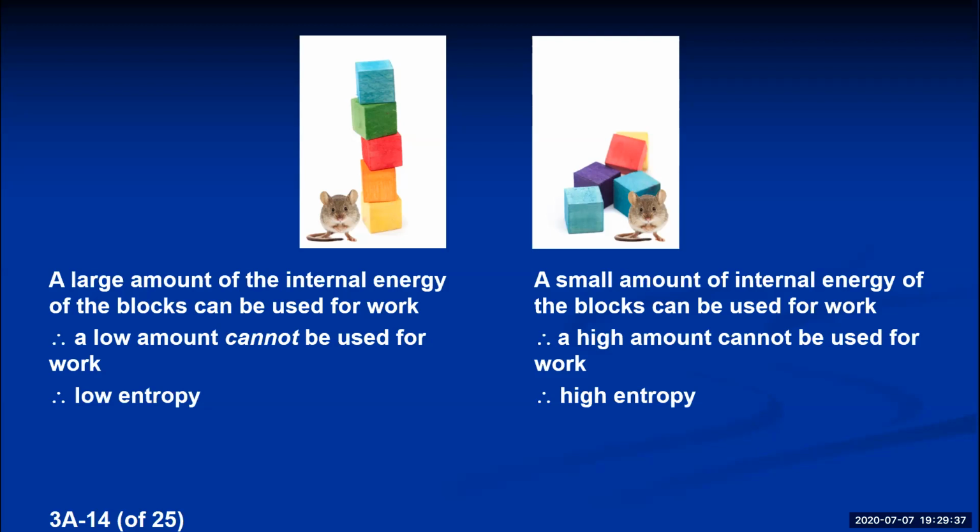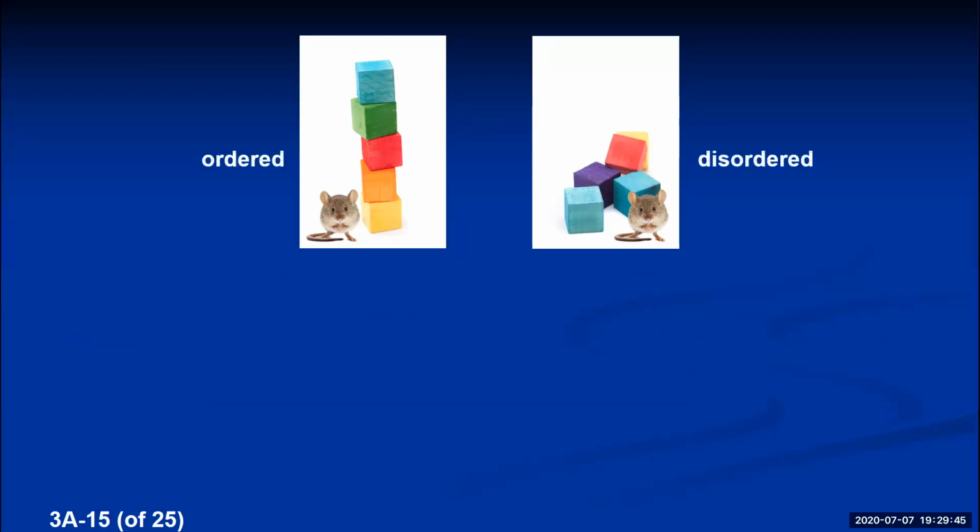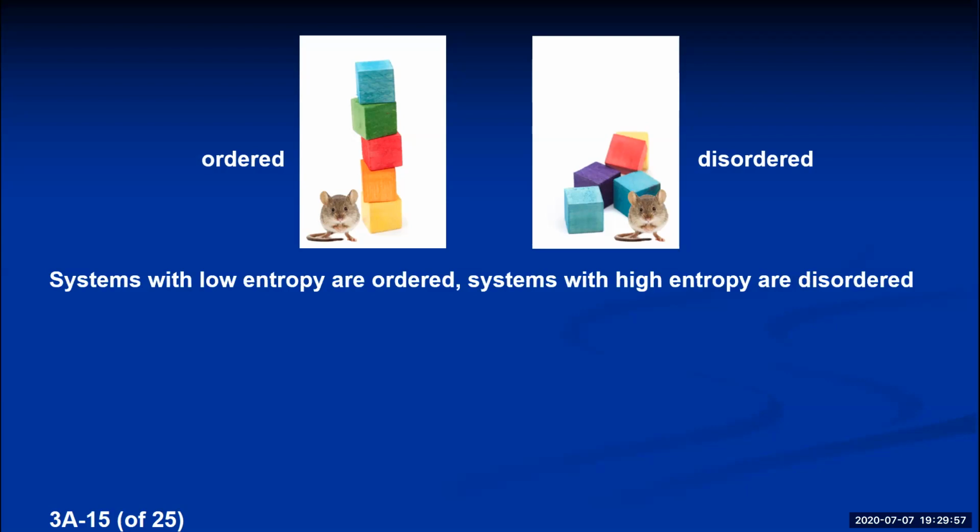Now, notice anything about these two systems? Can we deduce anything about low entropy systems compared to high entropy systems? Well, it looks like the low entropy systems are very organized or ordered, right? And the high entropy systems are very disordered. People recognized that, and they started to realize, oh, systems with low entropy mean order, and systems with high entropy mean disorder.